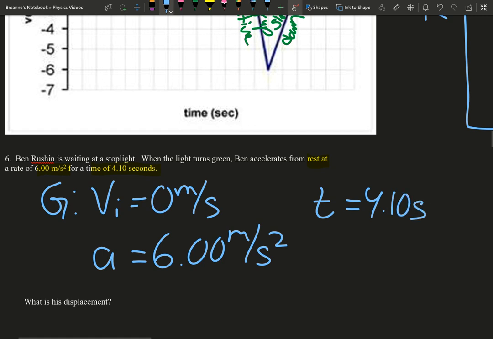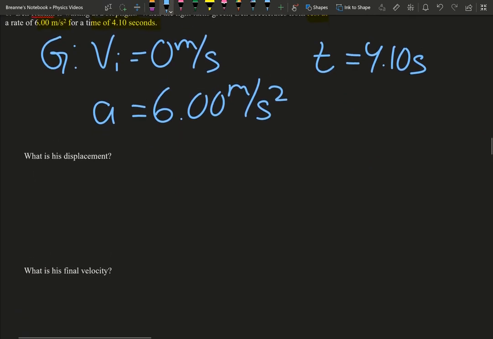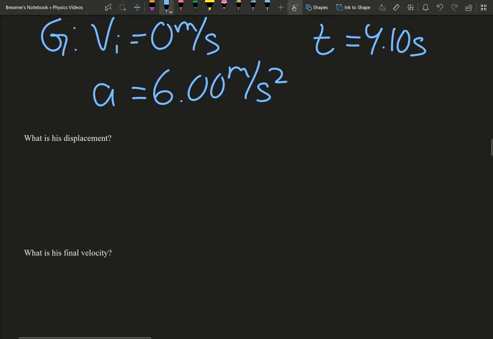So those are all the givens you can pull from your question. In this case, our unknown is our displacement. We need that in meters.